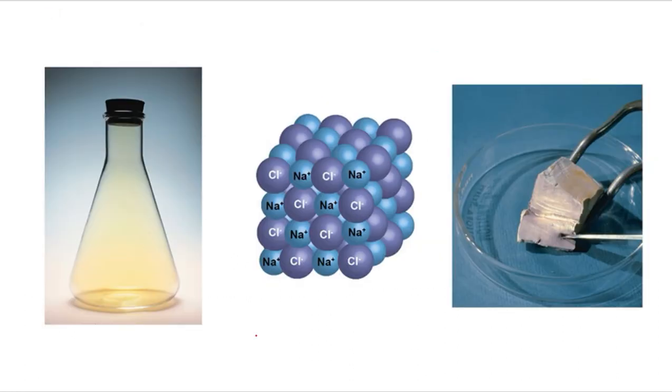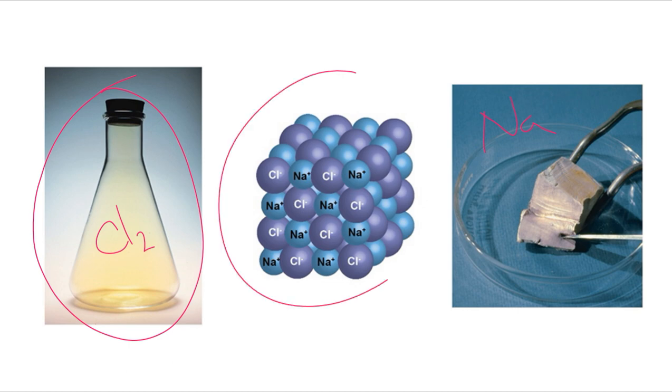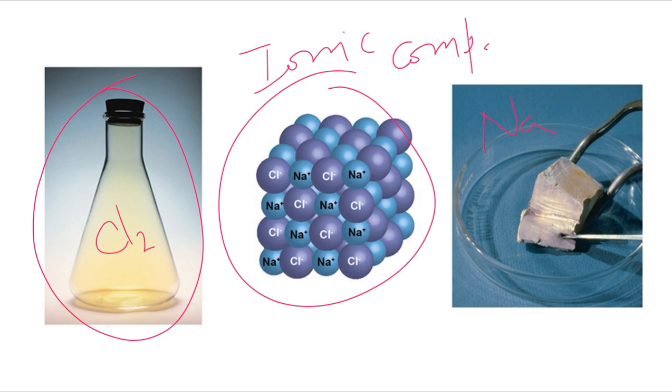You have, for example, chlorine, a non-metal, with sodium, a metal. When they join together, they make what we call an ionic compound. That is sodium chloride.